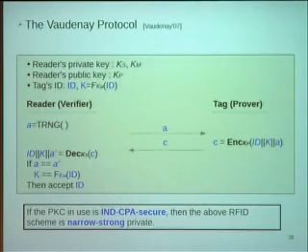Narrow means the adversary does not know whether the reader accepts or not, so he doesn't know the decision of the reader. If an adversary falls into this category, he is a narrow-strong adversary. This scheme being narrow-strong private means that even an adversary this strong still cannot trace the tag, if the encryption system has this property.